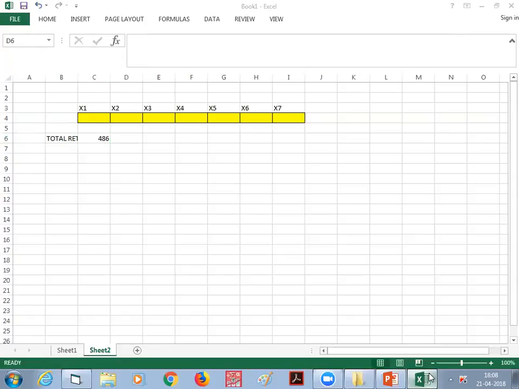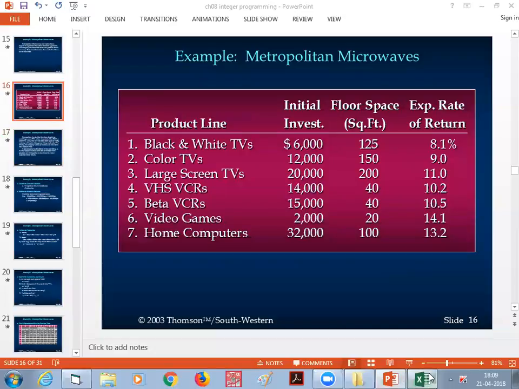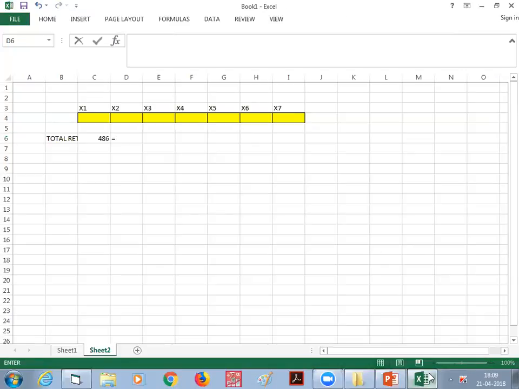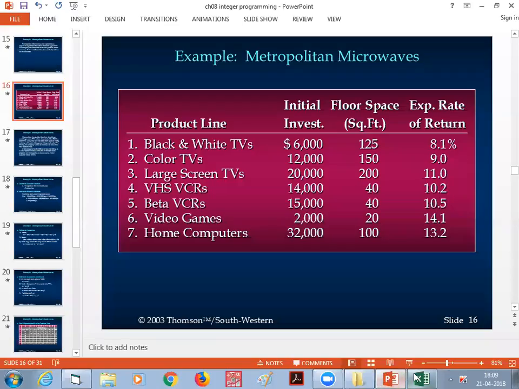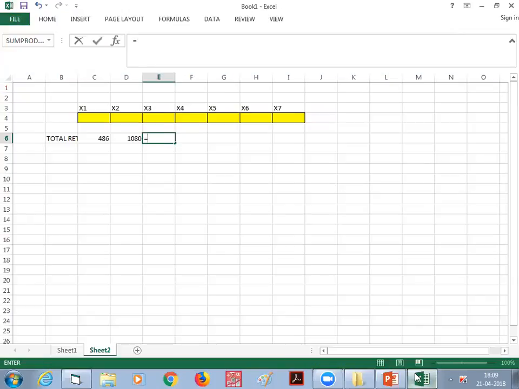Okay, next is 0.09 into 12,000. Okay, then 11% into 20,000. So 0.11 into 20,000.